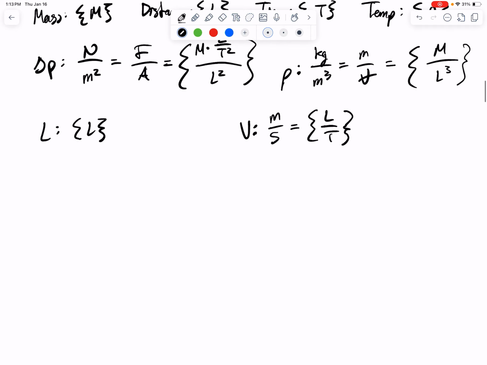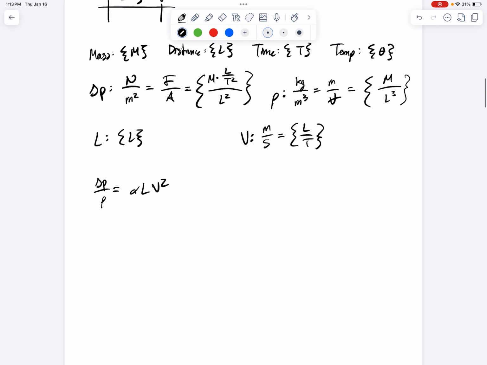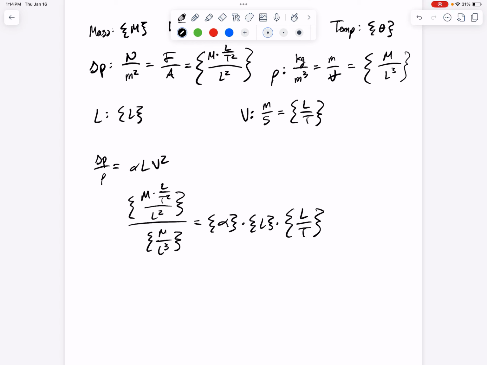Once again, just for a reminder, our equation is delta P over rho equal to alpha L V squared. So let's plug in the dimensions. So we have our pressure term, our density term, equal to alpha times length over time squared.